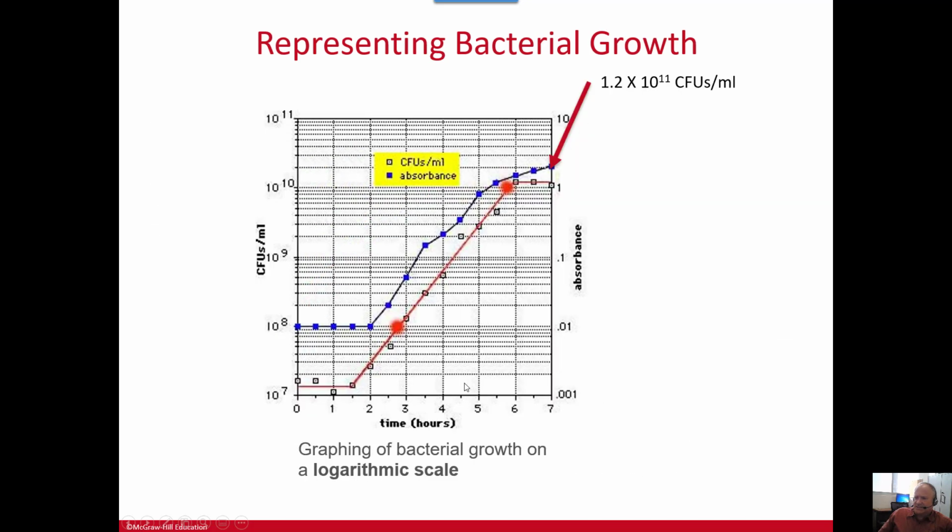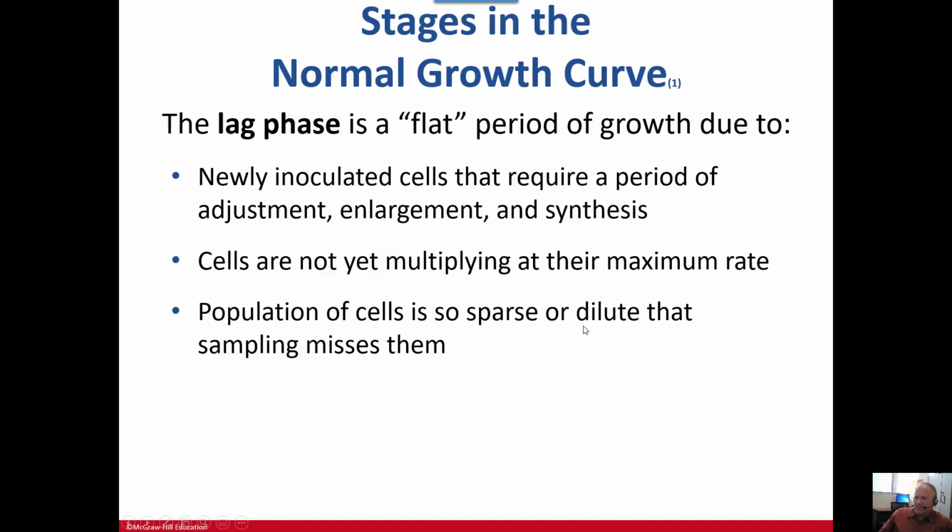Again, the linear scale is not too useful for that. And so we can look at the numbers on a logarithmic scale. So that would be 1.2, roughly where it is on the logarithmic, times 10 to the 11th. You can see the numbering system. And you can also plot it as a function of absorbance on a logarithmic scale, which works very nicely.